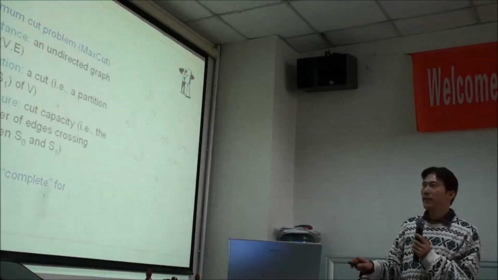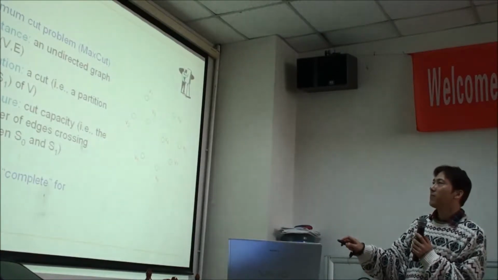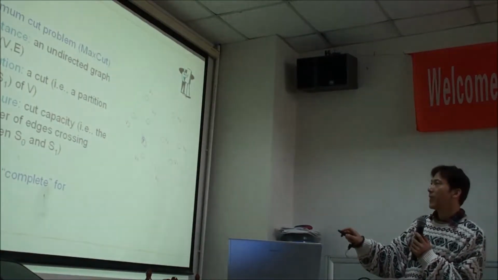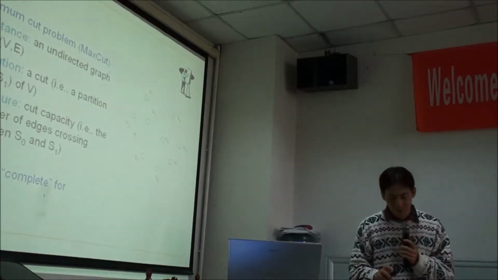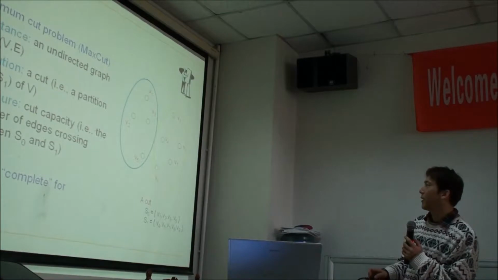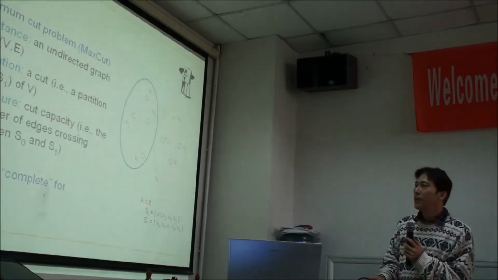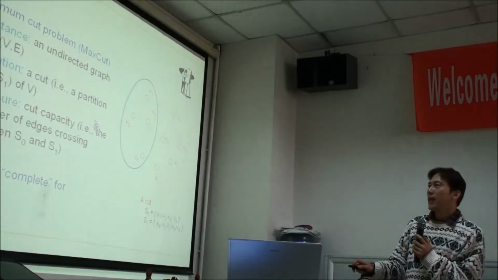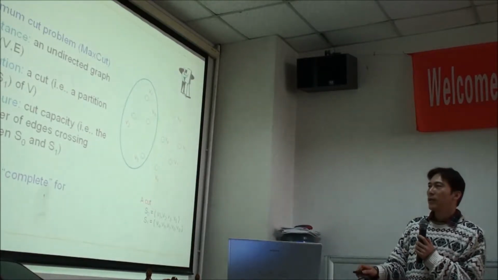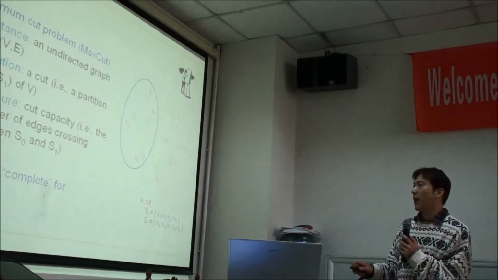And our task is to maximize the number of edges that are crossing the two partitions. For example, this is a cut. It may not be the optimal, but the cut is like this one. This problem is complete for the polynomial time approximation complexity class.